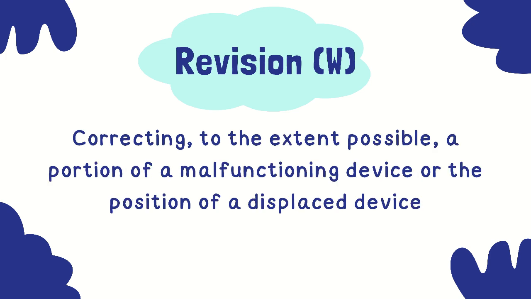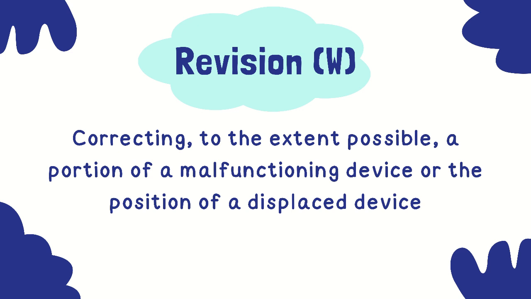Now I'm going to move on to the root operation of revision. Revision, cutting, or not cutting, correcting to the extent possible a portion of a malfunctioning device or the position of a displaced device.